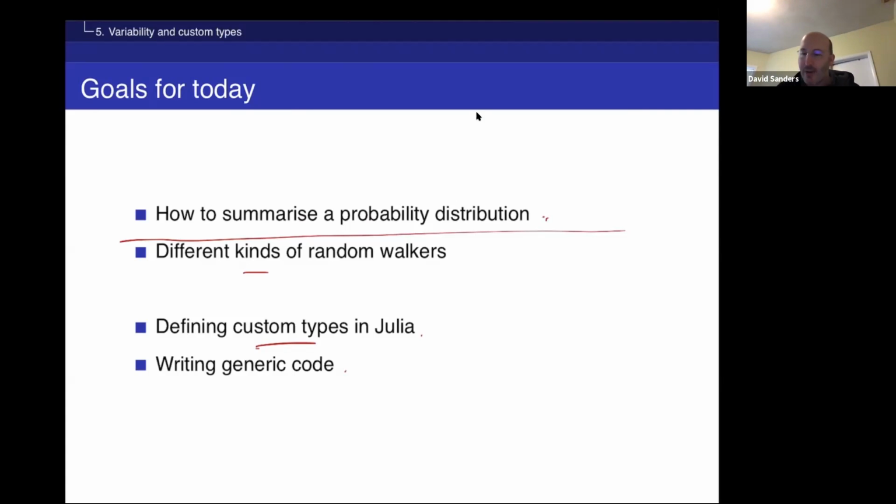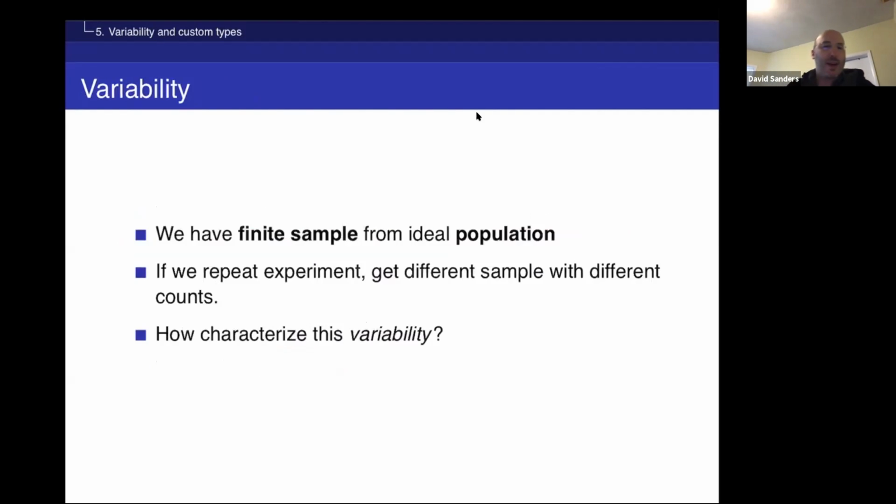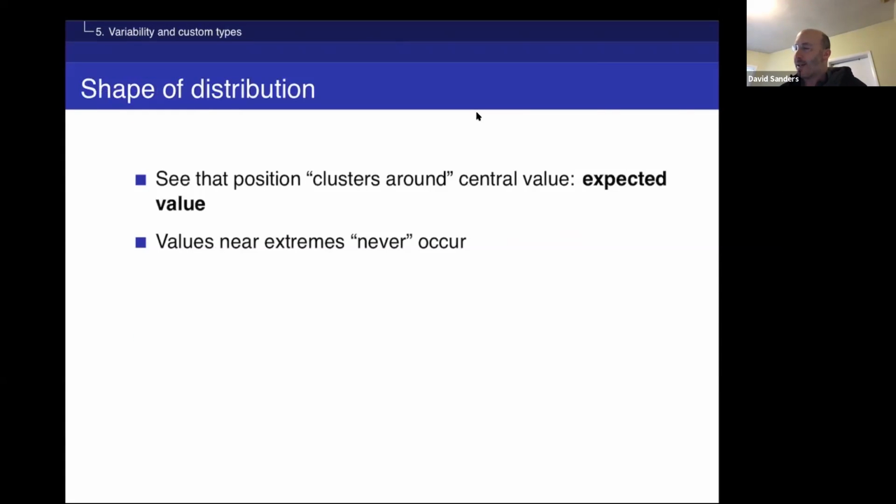Okay, got it. Right. So how can we characterize the variability of a random variable? At the end of last time, we saw that if we have many random walkers, then we can draw a graph like this that we'll go and do in Julia in a minute.